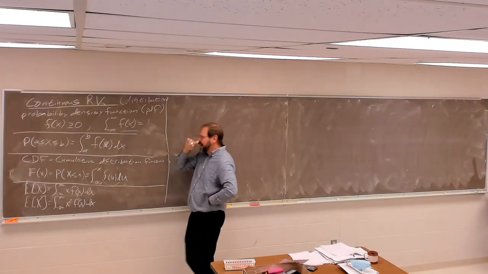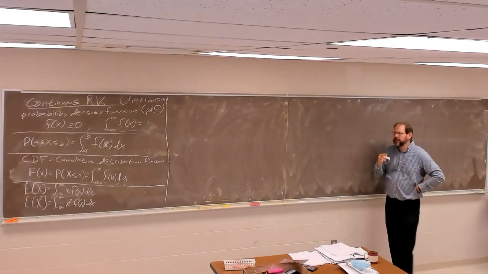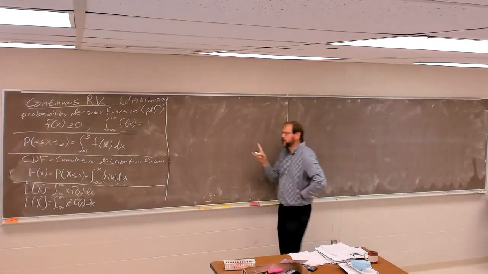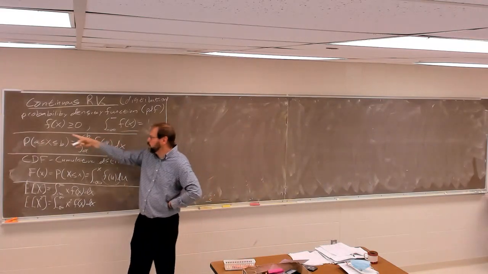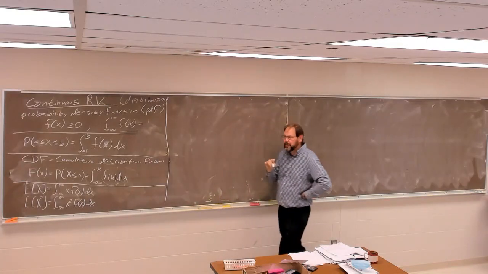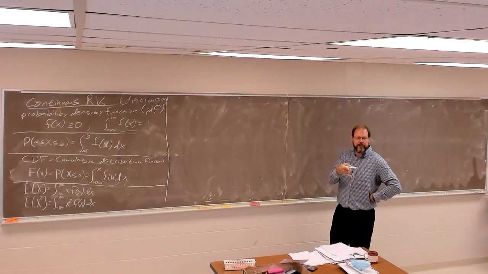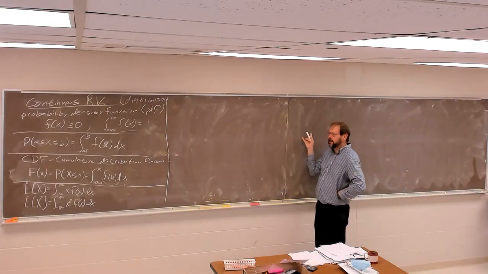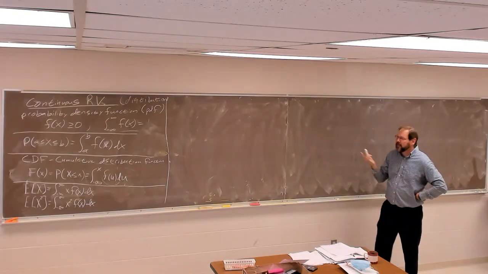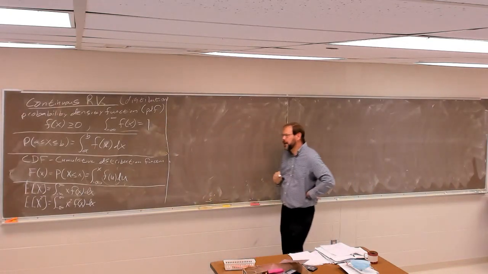Probability density functions do not tell me particular probabilities, but they're used in calculating probabilities. My probability density function has to be a non-negative function. It can only take 0 or positive values. And if I integrate from negative infinity to infinity, if I calculate the area under the curve, it must equal what? Why?